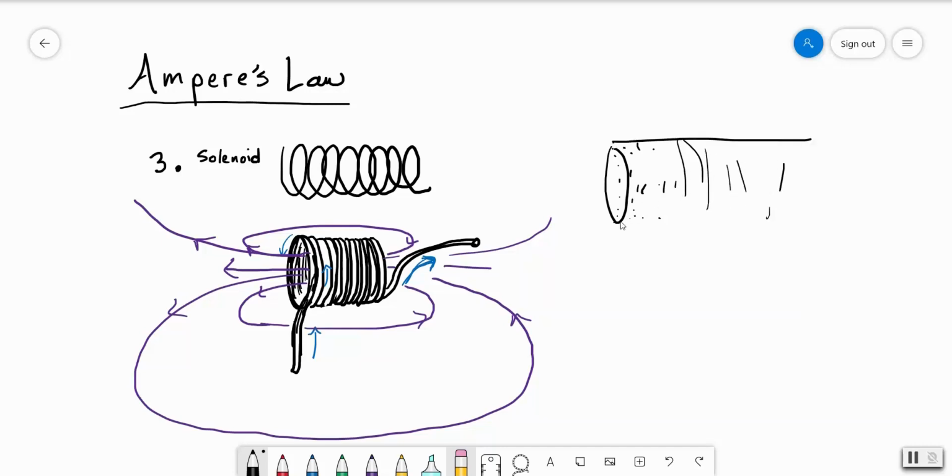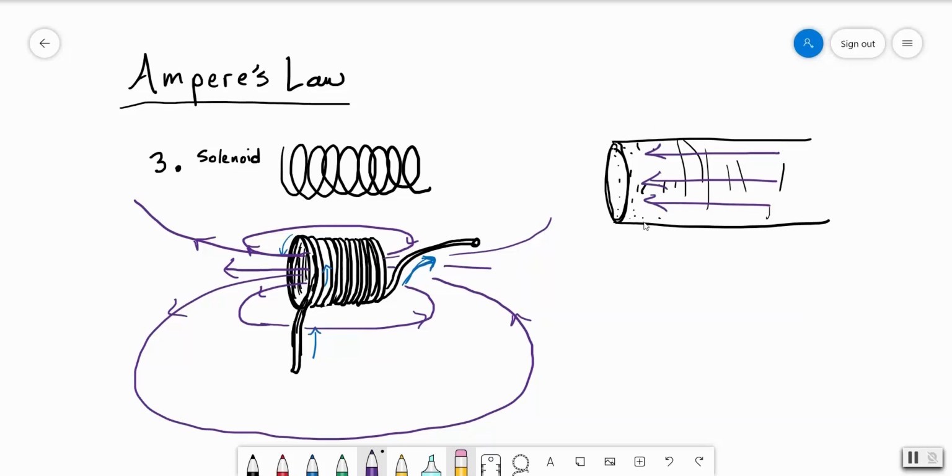And let's take a look inside the solenoid, and you could imagine it as like wrapping a wire around, let's say, a cardboard tube, like a paper towel tube, and then if you were to investigate inside the cardboard tube, then the magnetic field that you would see, interestingly enough, looks like a constant magnetic field.